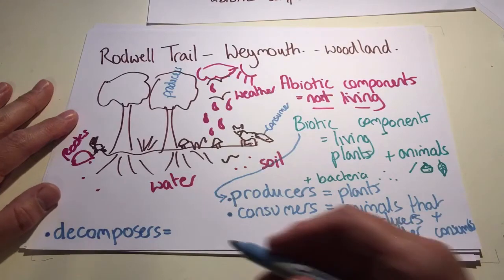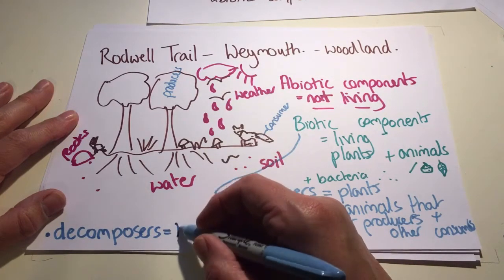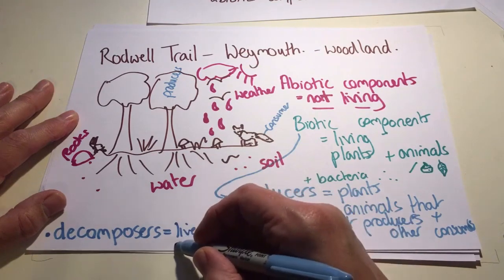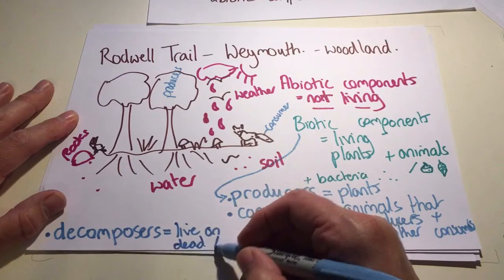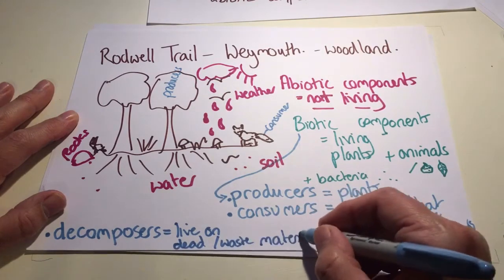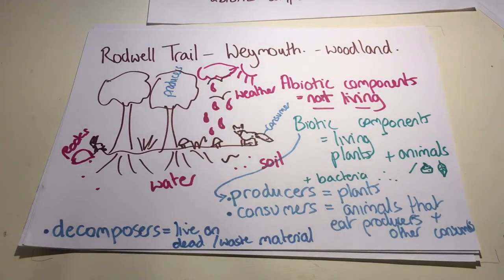So the decomposers live on dead or waste material. So think about if you see a pile of dead leaves, or if you saw a bird that had died or whatever, there will be decomposers on there.